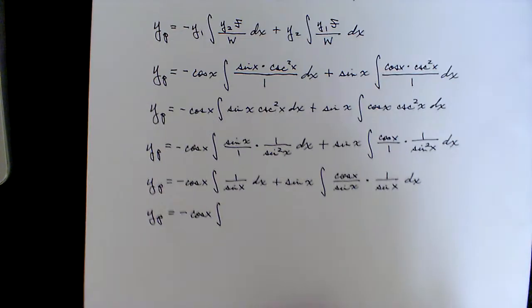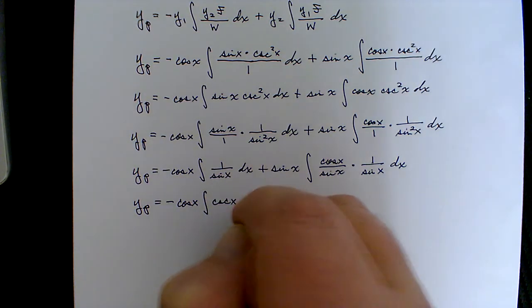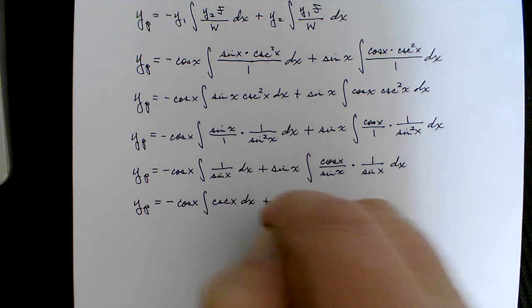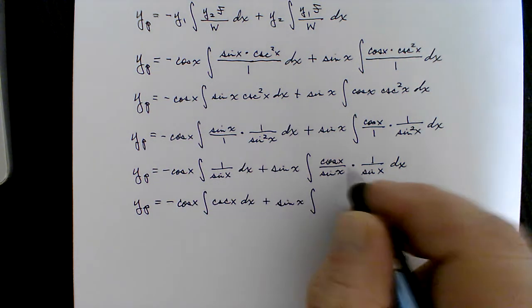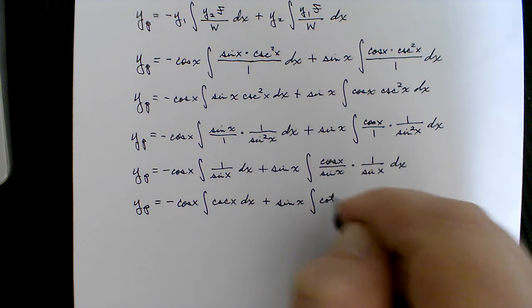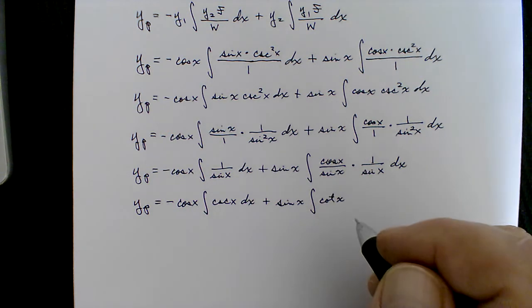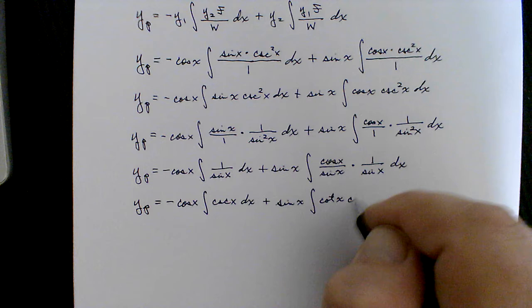First off, though, 1 over sine is cosecant. And the reason why I made that move here was because now cosine over sine is cotangent x, and 1 over sine is cosecant x.